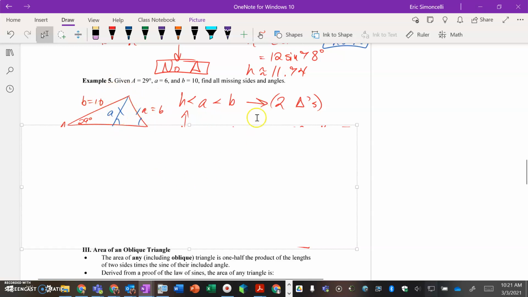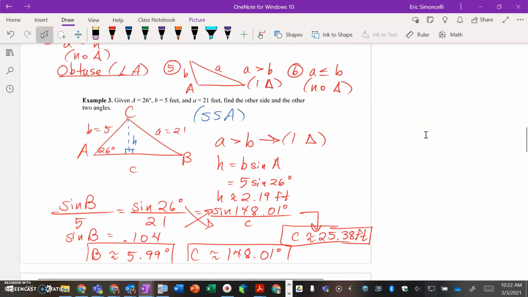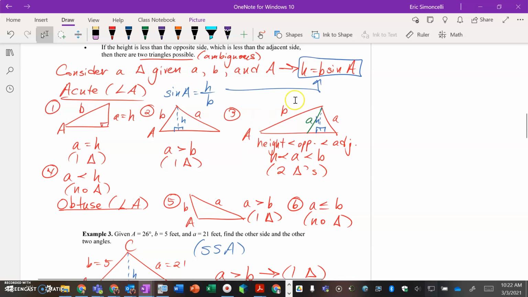So again, how and why is this plausible to be drawn, but also how and why is it a two triangle or ambiguous case situation? Here's the depiction that we discussed in our prior work with section 6.1.